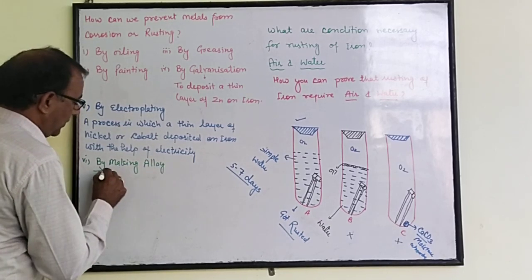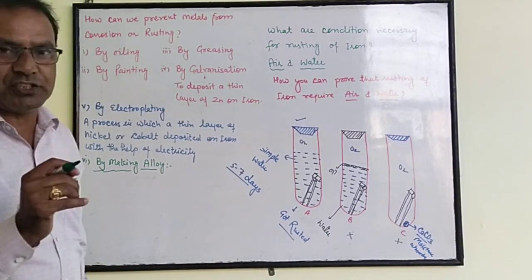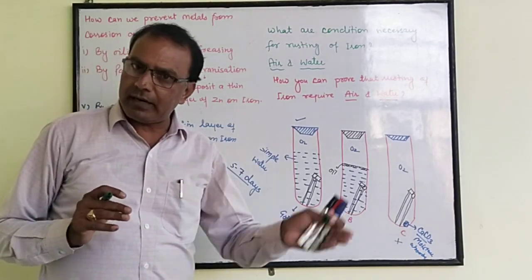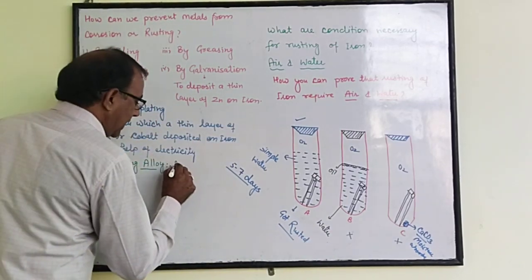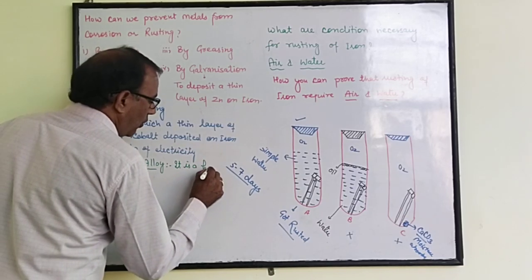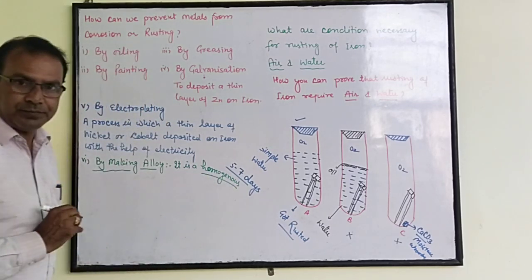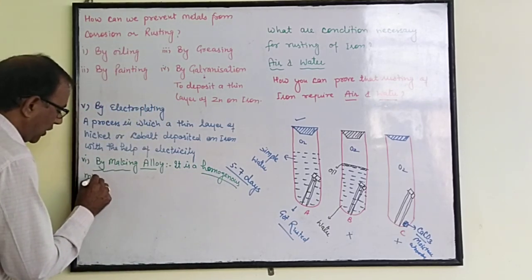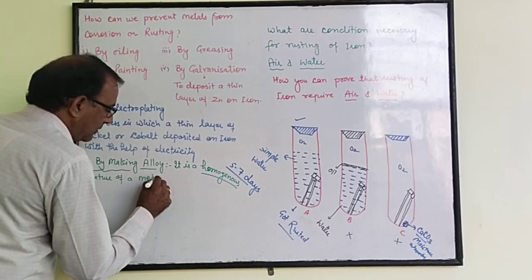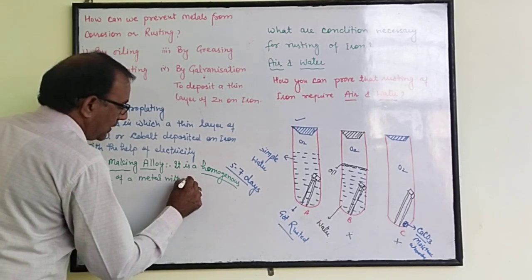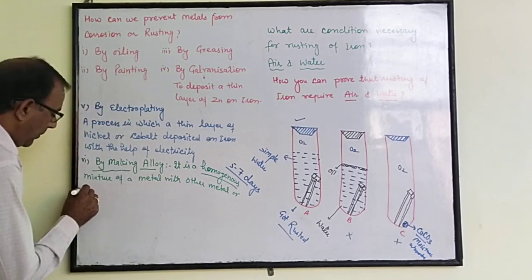What do you mean by alloy? Alloy is a homogeneous mixture of a metal with another metal, or a metal with a non-metal. What do you mean by homogeneous? It means completely dissolved.